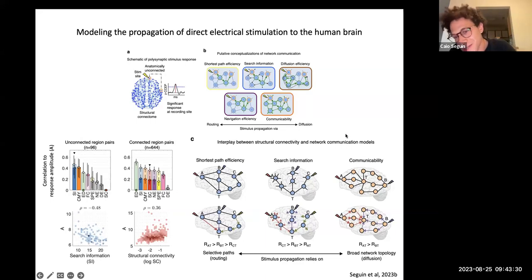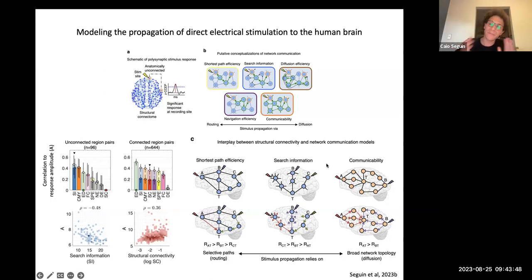And finally, communicability, as I tried to explain, I don't know if it was very clear, but maybe this will help. It considers the entire network topology. So here, from A to T and B to T, we have the same shortest paths. They are connected in the shortest way by two hops.